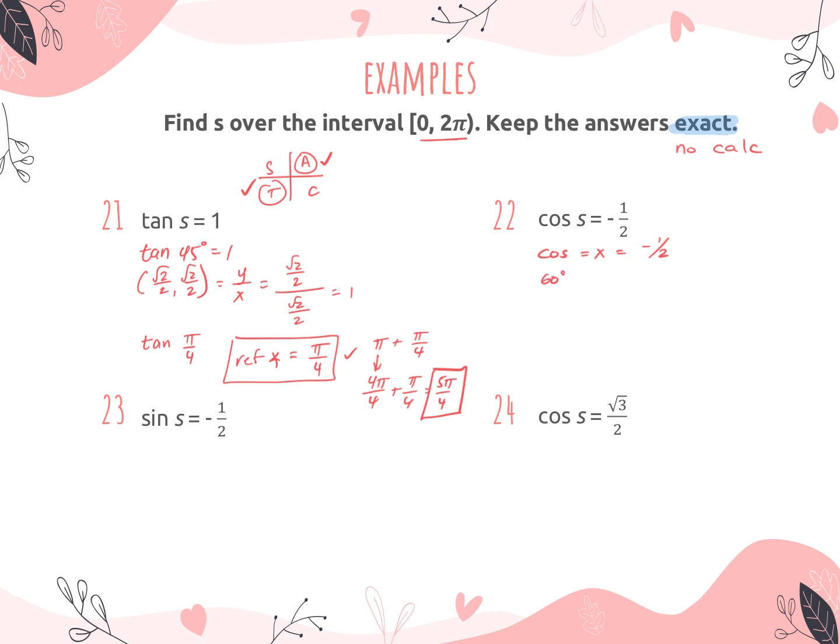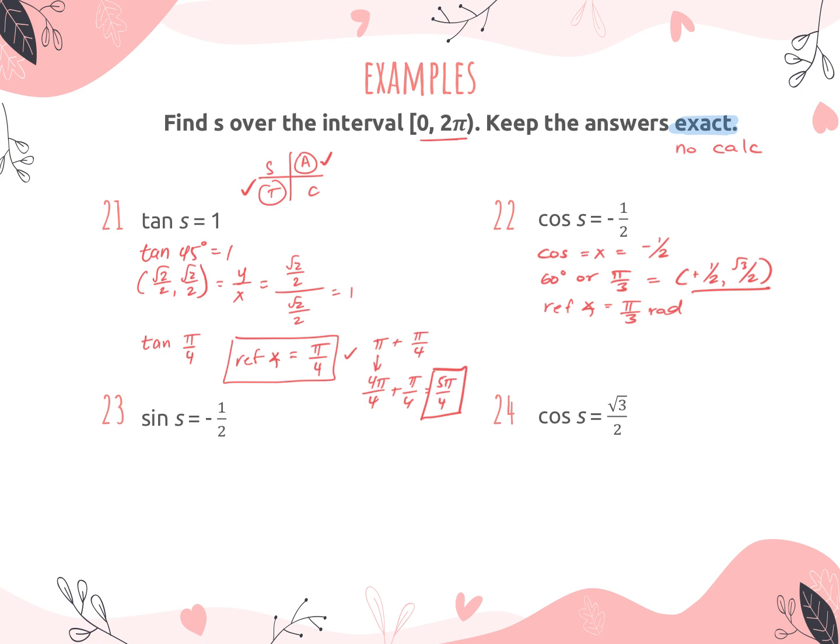I know that 60 degrees, or pi over 3 radians, has xy coordinates of 1/2 and radical 3 over 2. Those are my xy coordinates for that. So I know that my reference angle for this problem is pi over 3 radians or 60 degrees. Okay, that's the one that gives me x a half and y radical 3 over 2.